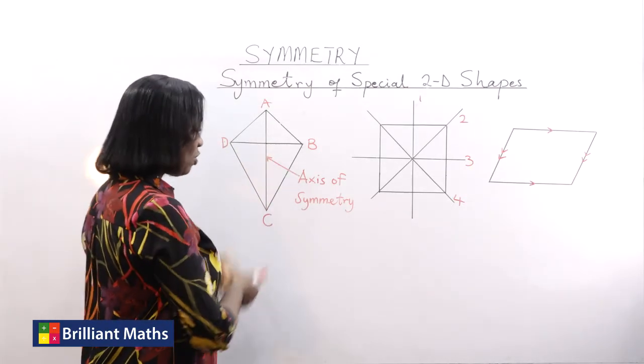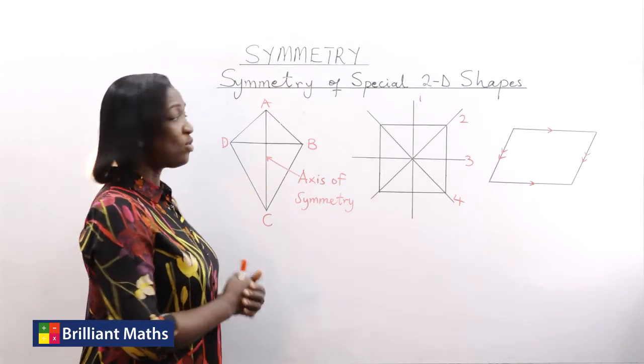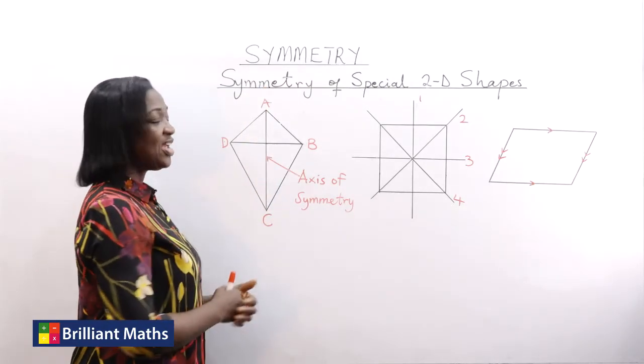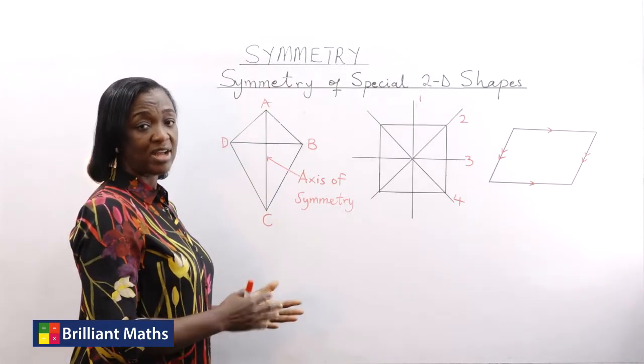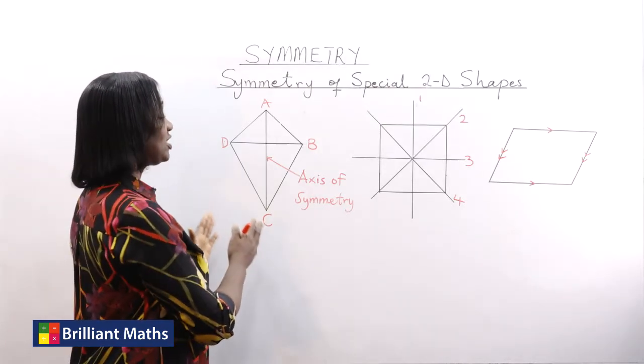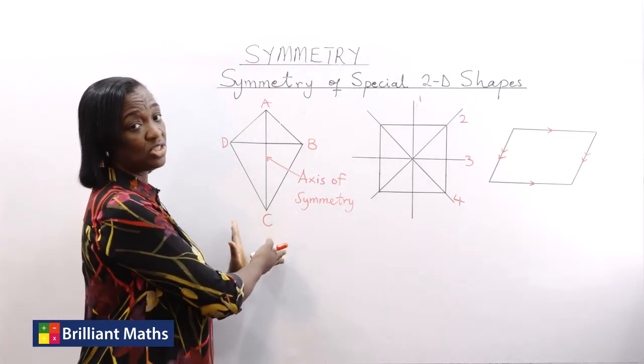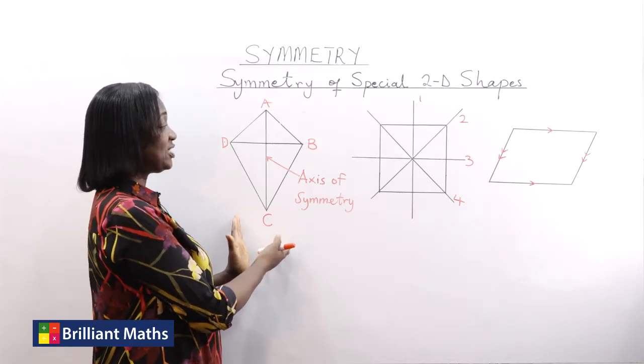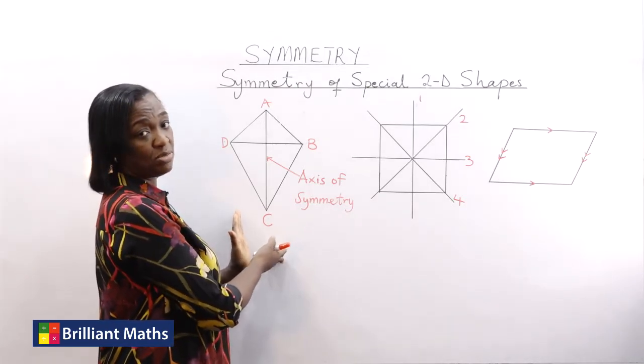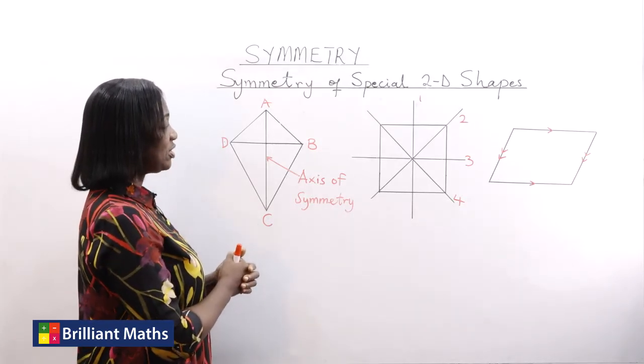The sides are equal, the angles are equal. So AC is a line of symmetry or axis of symmetry. And that's the only line of symmetry that this shape has. So the kite has one axis of symmetry or one line of symmetry.